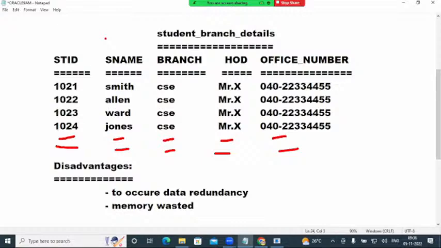When redundancy increases, automatically your memory is also occupied more. So that means an insertion problem is also there. Whenever you want to insert a new student's data, your duplicates also increase.